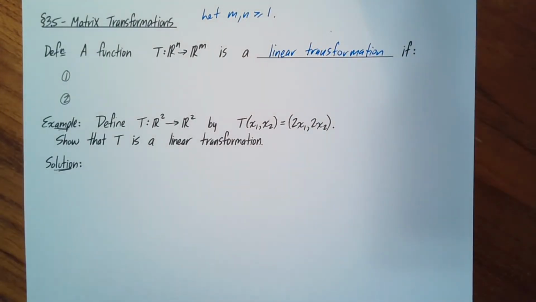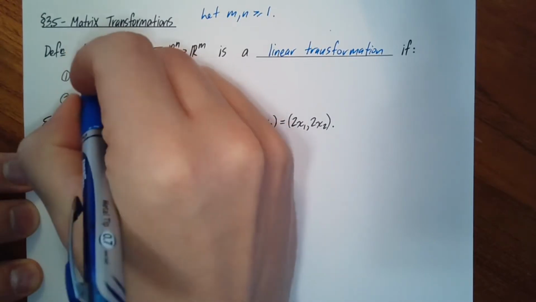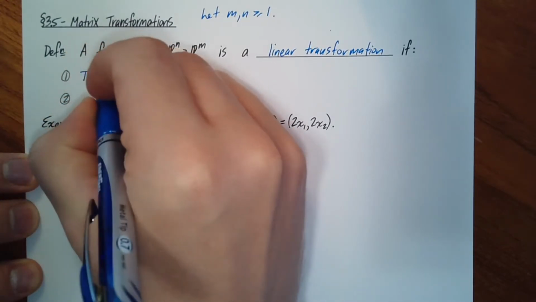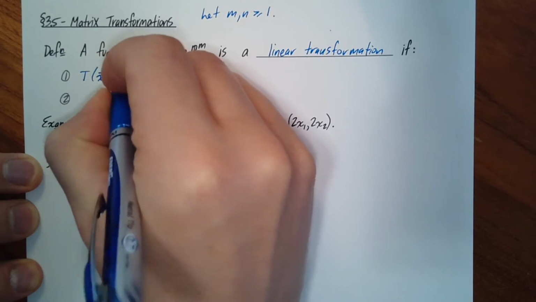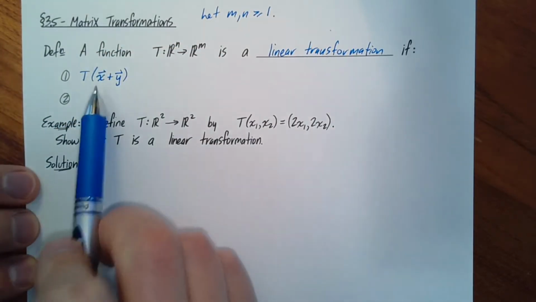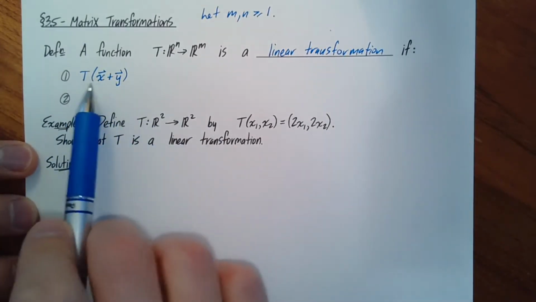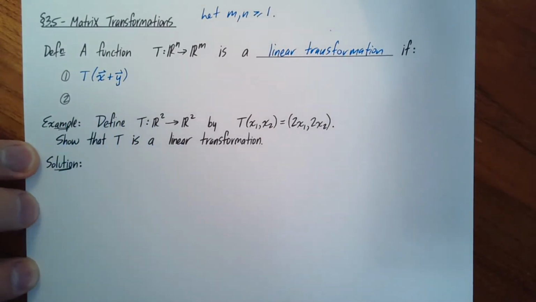So here are the two conditions. These are mathematical statements that have to be interpreted carefully. The first one says that T of x plus y, and I'll quantify what x and y are in just a moment, but for now they're vectors that come from somewhere. By the time we finish the sentence, we'll know exactly what we mean by x and y.